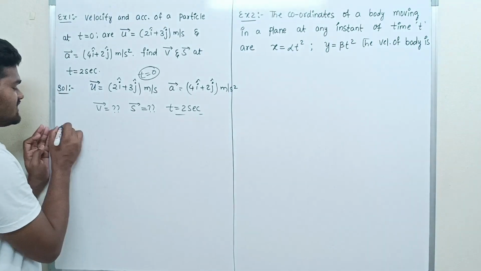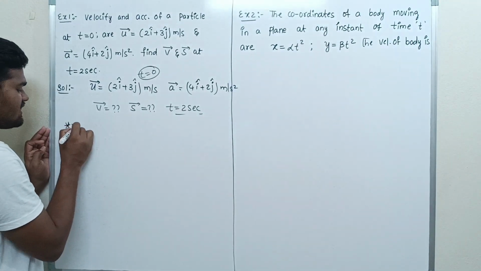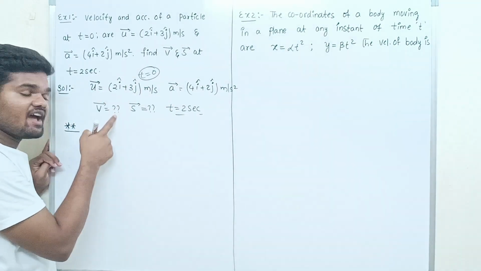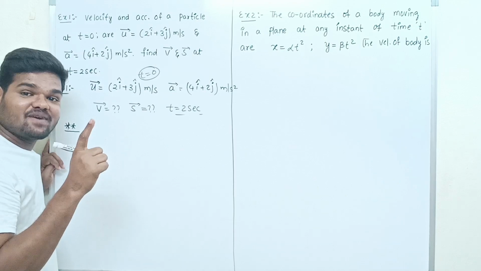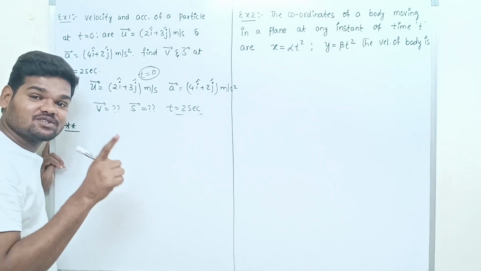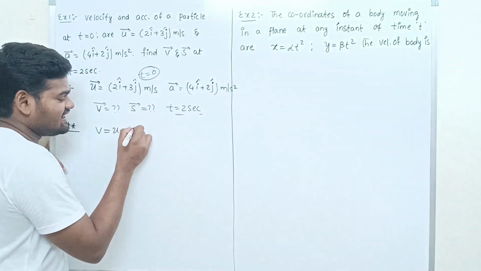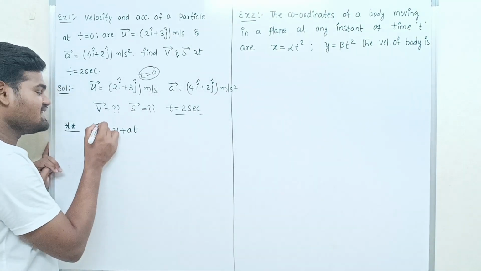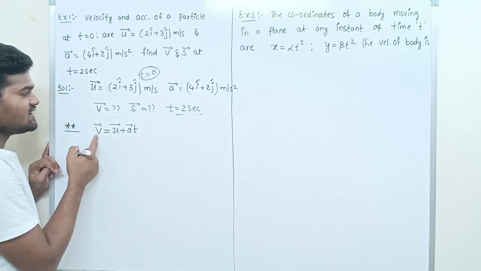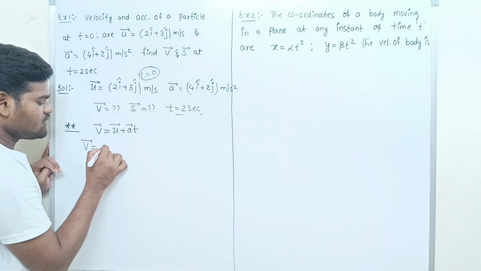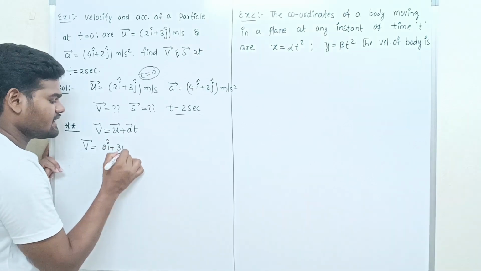Okay. So I'm going to find the final velocity. We know the time and the initial velocity of the object. We have to find the final velocity. By using the first equation of motion, v is equal to u plus at. What is u? 2 i cap plus 3 j cap.